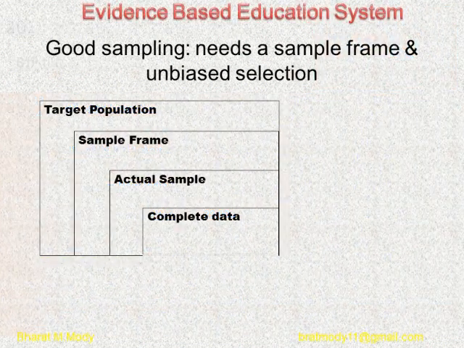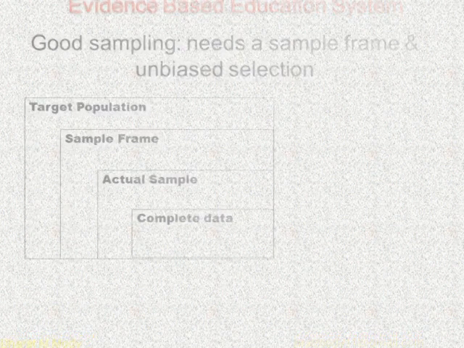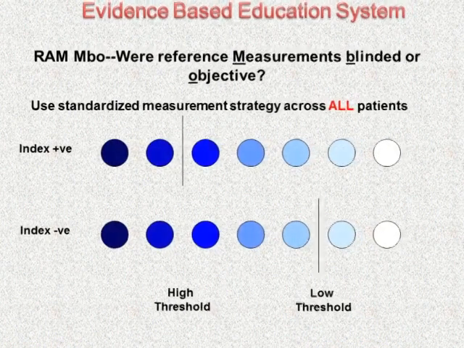If you are going to use random sampling, that random sampling should be framed properly. For example, you have a target population. From that you take the sample frame. And then from that sample frame you choose the actual sample. And then you have the complete data regarding that actual sample. Then in that case, that data will represent the target population itself.